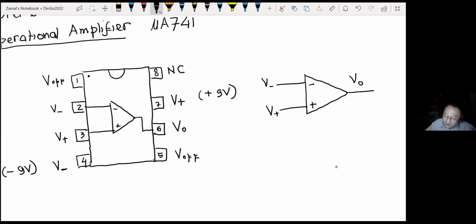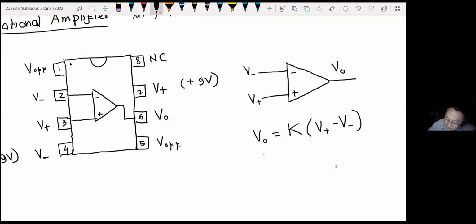Now VO is equal to K, which is called the gain, multiplied by V plus minus V minus, that is, V non-inverting minus V inverting input.